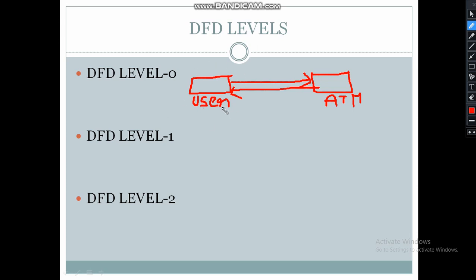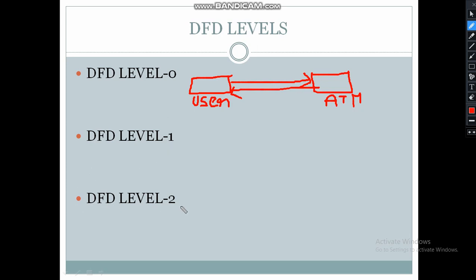For example, the user performs some actions in the ATM system: the user inserts the card, enters the PIN number, and enters the amount. Each action of the user and each action of the ATM system is represented in level 1.